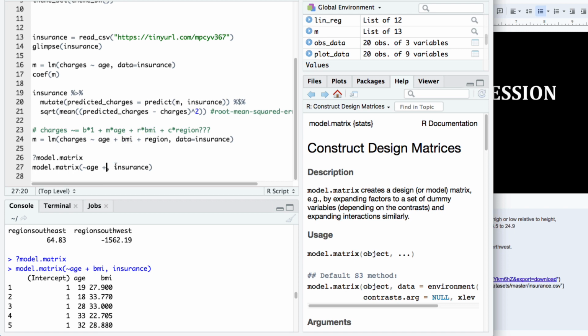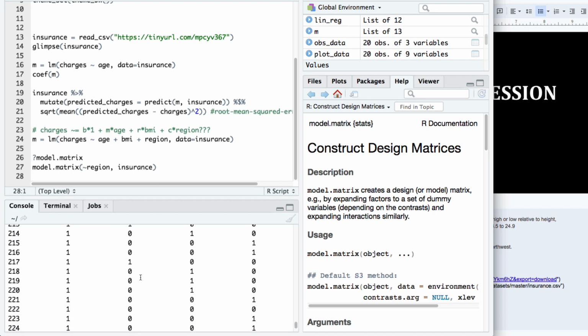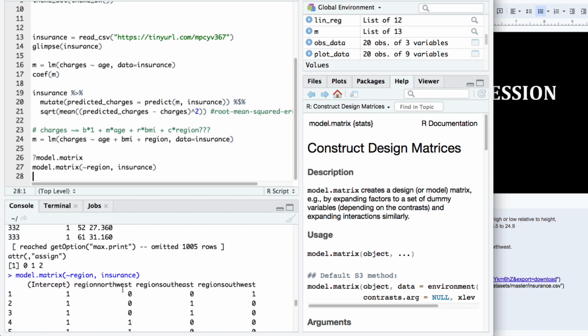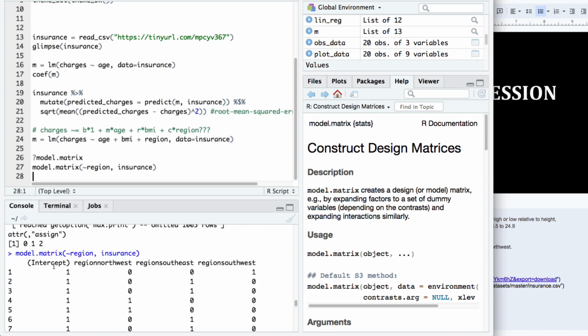But now we can see what happens if I do, let's look at just region. Okay. So now it makes these dummies. It has the intercept, and then all of these so-called dummy variables.